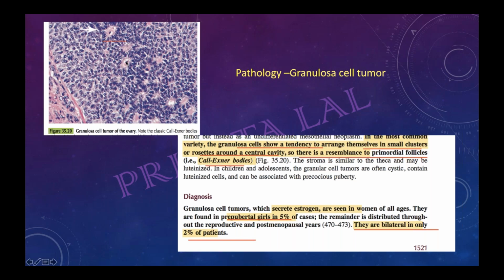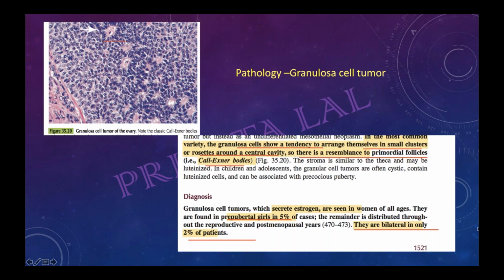If you see a central cavity and cells making clusters, these are called Call-Exner bodies. Call-Exner bodies. This we know from the UG days also. In granulosa cell tumor, this much only you have to remember.